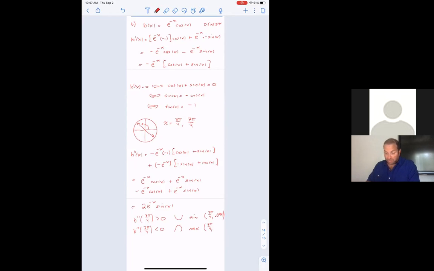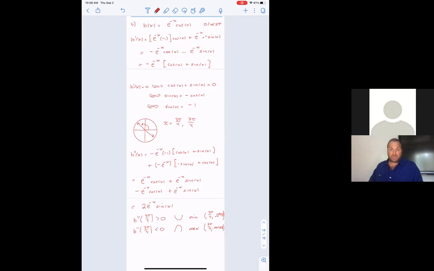And if I plug in 7 pi over 4, and I do e to the negative of that number times cosine of that number, this gives us 0.00408. So those are my mins and maxes.